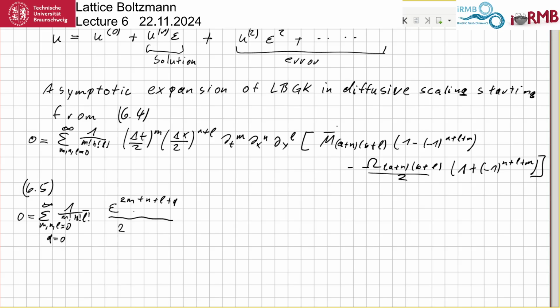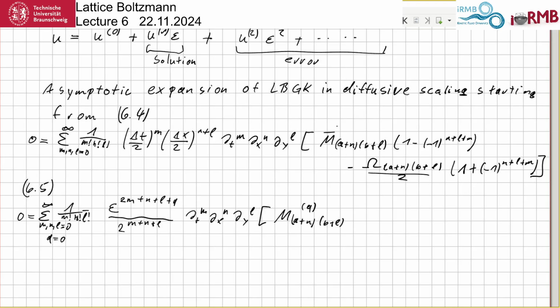Because we always divide by 2, we have to take this 2 to the power of m plus n plus L. So this goes into our derivatives here. And now comes this magic, a plus n, b plus L. Where's the q? The q is the orders in which we expand.